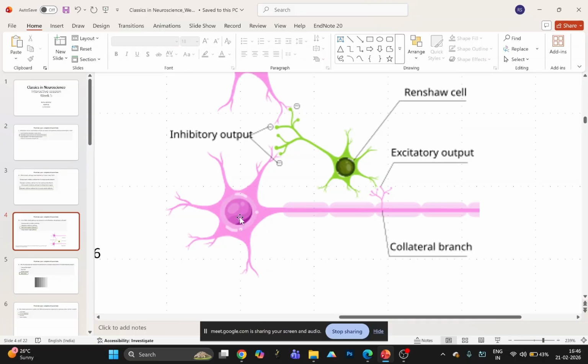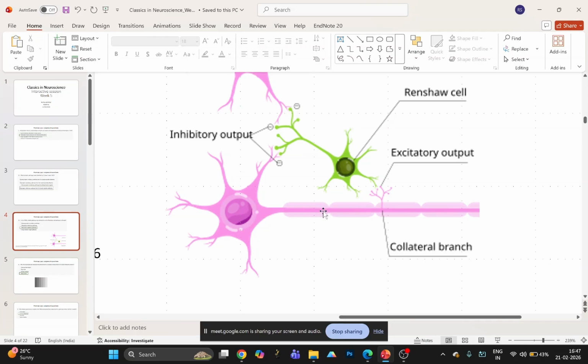Okay. Now, what Eccles and his colleagues found was that they were giving shocks. They were activating the axon. So when the axon was getting activated, or they were giving impulses to the axon, they saw that first of all the information is going antidromically.